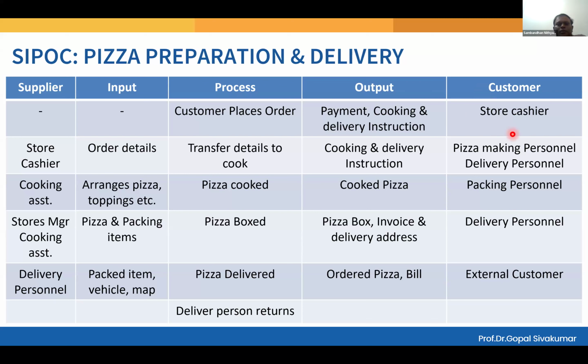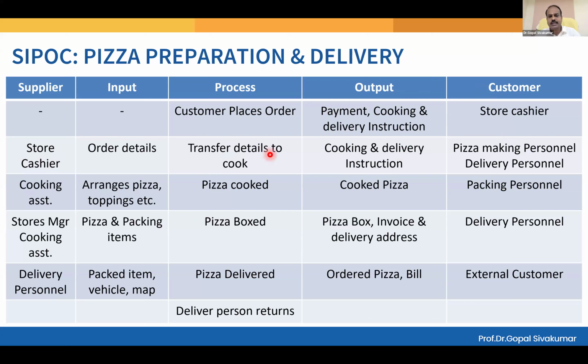And now the store cashier has to take some action. He has to inform the cook and the delivery boy so that they can start doing their work. Yes or no? Now the store cashier becomes the supplier for the next process because he is initiating it.